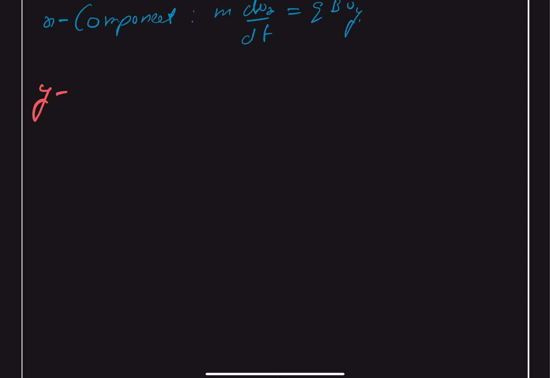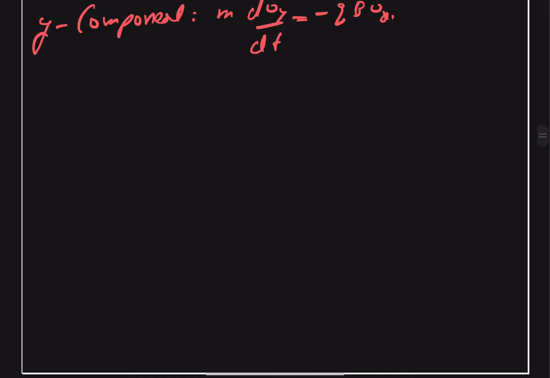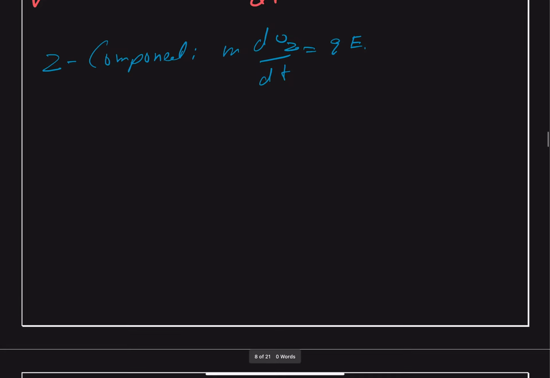Then we come to the y component. The y component gives us m dvy by dt equal to minus q B vx. And the z component gives us m dvz by dt is equal to q multiplied by E. We can just solve them now.